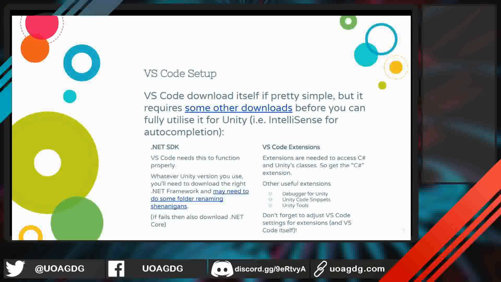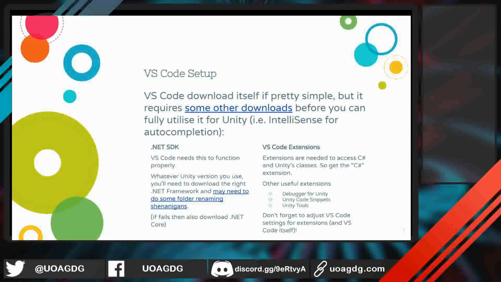Now, for those .NET SDKs, you need to have one that's suitable for your Unity version. For me, it's .NET Framework 4.7.1. I think it's the developer pack. You need this, or else your VS Code won't connect with Unity properly, and autocomplete won't work for you.